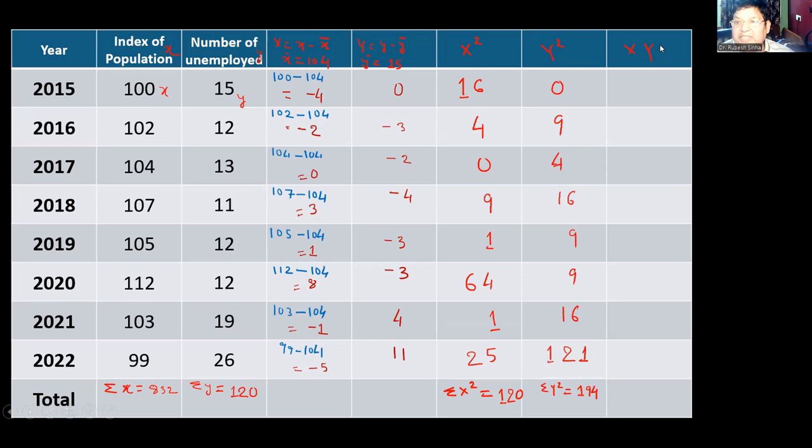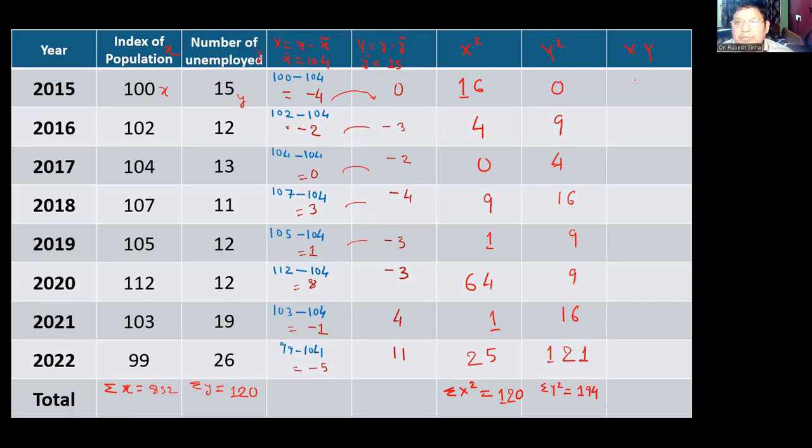Next, we have to multiply x with y. X into y, capital X and capital Y. 4 into 0, 0, 3 into 2, 6. So this 4, this with this we have to multiply, right? These two numbers, x into y. Fine.